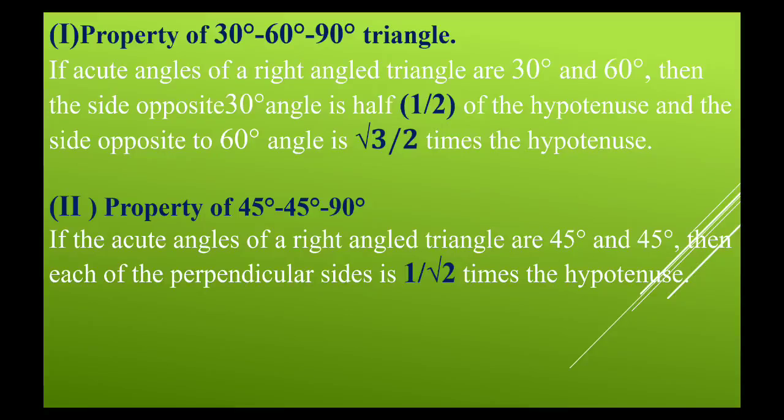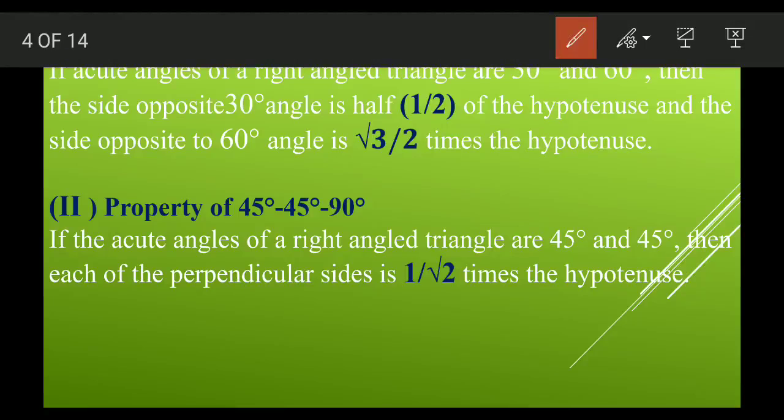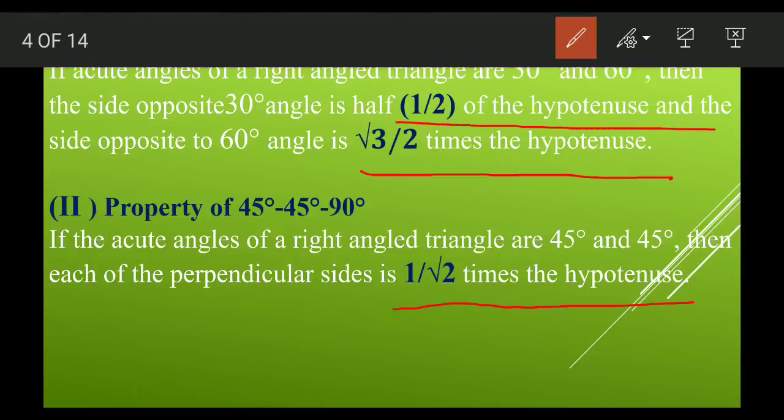In a 30, 60, 90 triangle, the side opposite to 60 degree is root 3 upon 2 times the hypotenuse. In a 45, 45, 90 right angle triangle, the side opposite to 45 degree is 1 upon root 2 times the hypotenuse. Keep this in mind. This will be very useful in solving the sums.